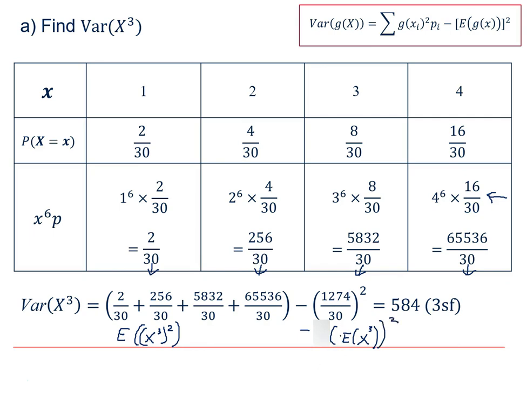So don't forget this minus the mean squared. And so you can check that that gives you 584, not exactly, but correct to 3 significant figures. So we have our E(X squared) equivalent, so our E of x cubed squared in this first bracket, and then we are subtracting our mean squared.